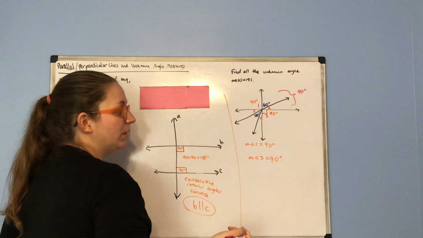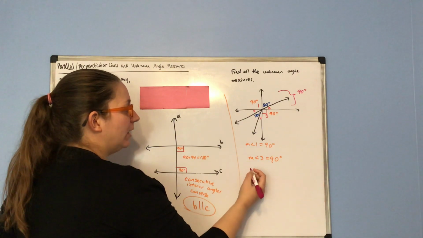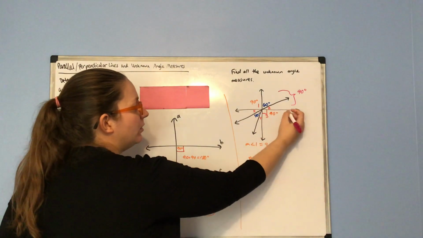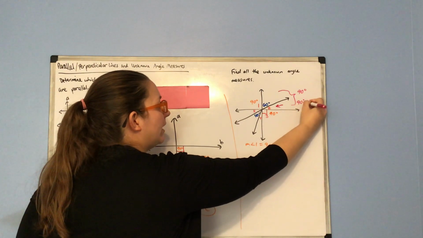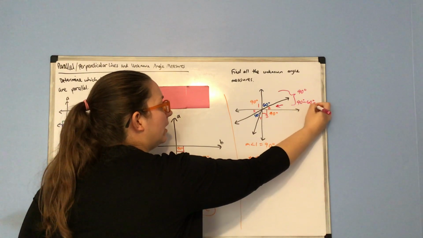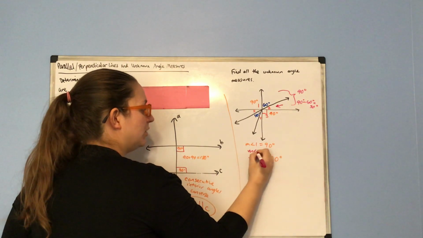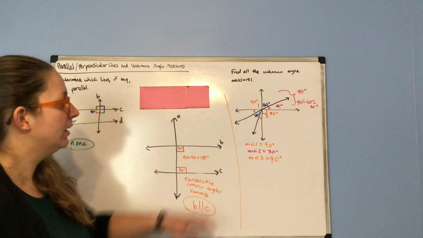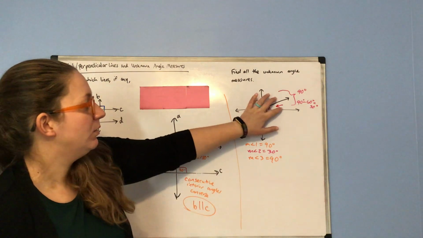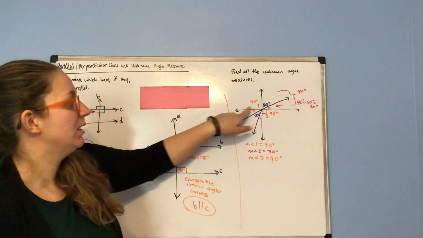Linear pairs have to add up to 180. So to find measure of angle 2, this angle right here, I'm going to do 90 minus 60, and I get 30 degrees. So measure of angle 2 is 30 degrees because 90 and then these two together need to add up to 180 because they form a linear pair.